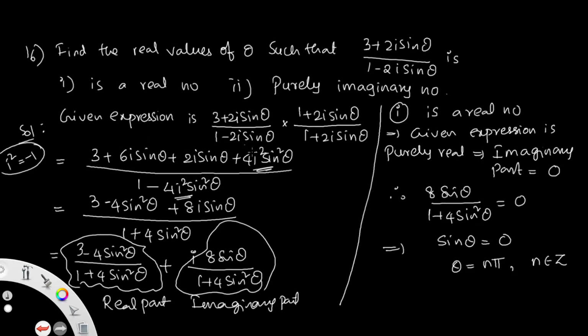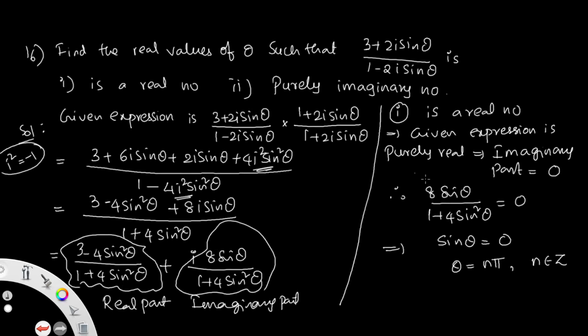The expression should be in the form of real part and imaginary part, so we multiply and divide by its conjugate. Then you get (3 minus 4 sin square theta plus 8i sin theta) by (1 plus 4 sin square theta). We just have to separate the real part and imaginary part.